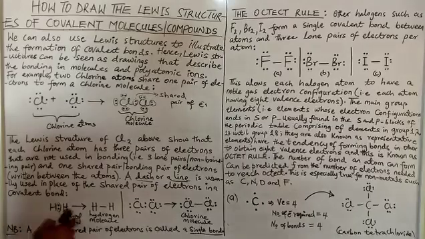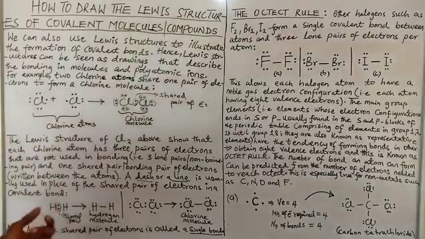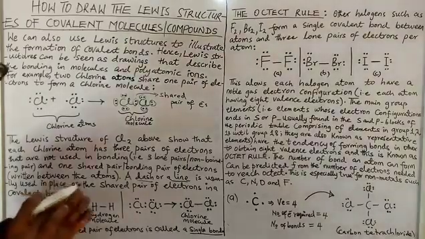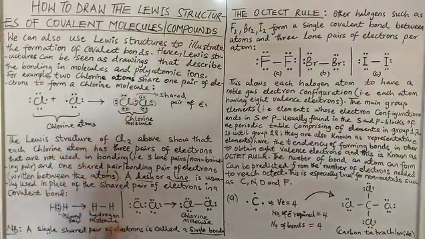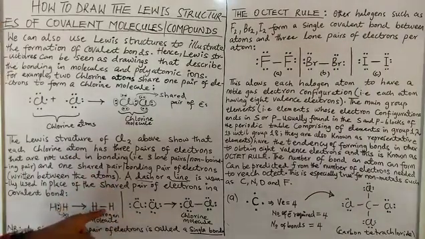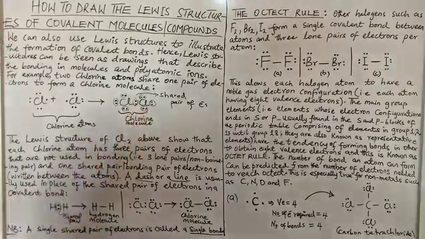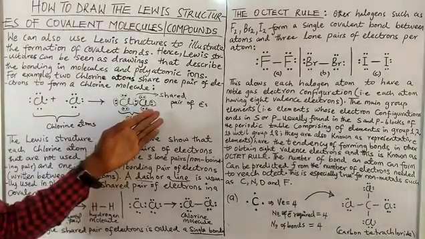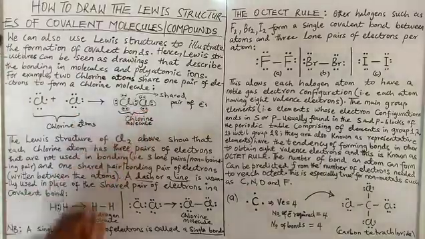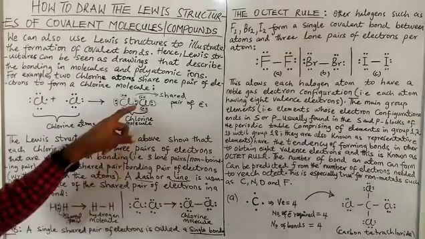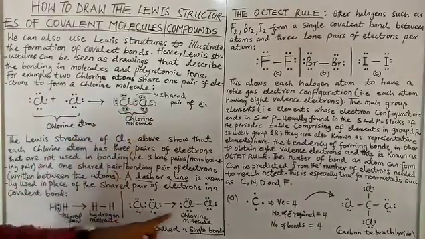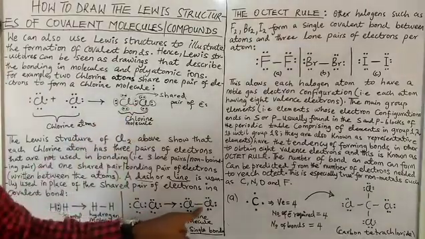At the end of the day, the shared pair or the bonding pair is conventionally replaced with a dash to give a preferred Lewis structure. Just as we did in the last illustration, the formation of the chlorine molecule, you can see the shared pair now being replaced with a dash.